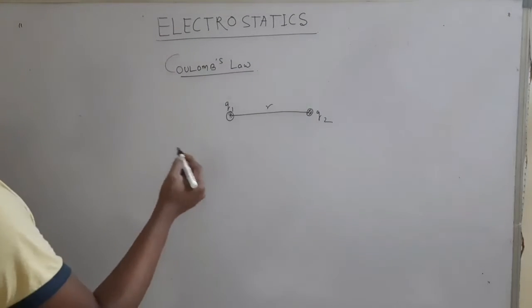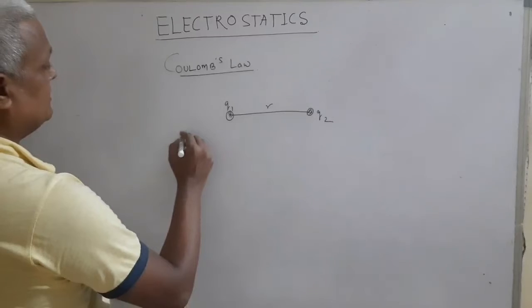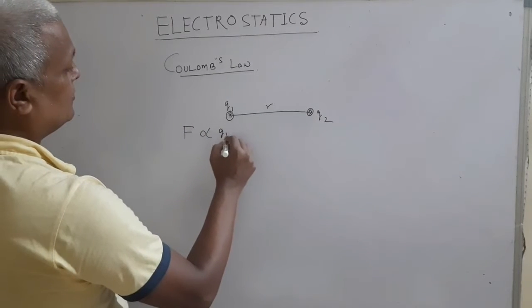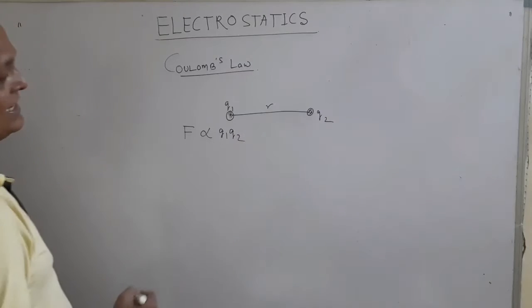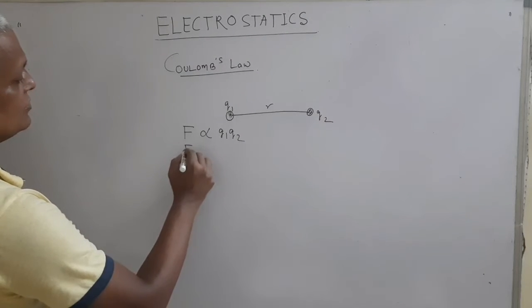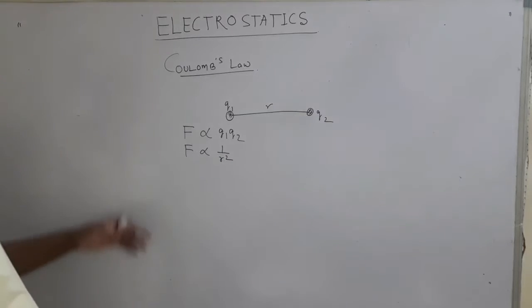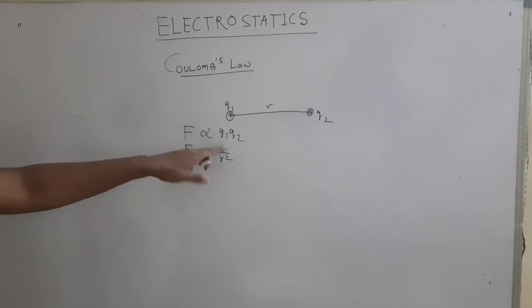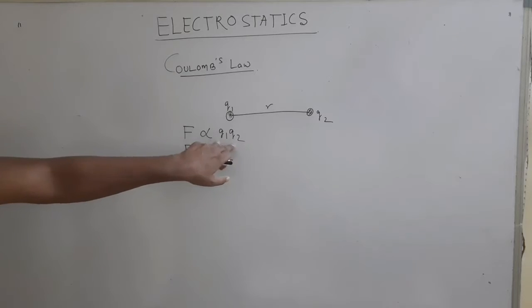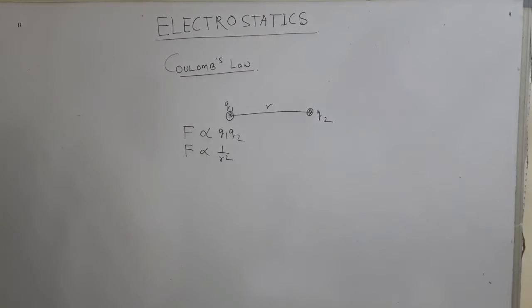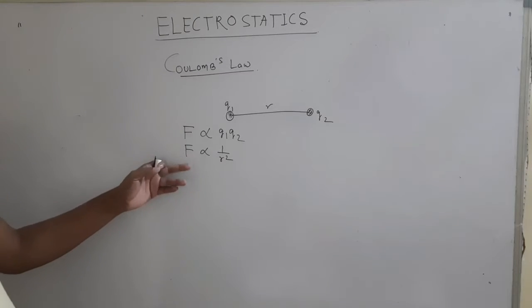Then Coulomb found that there is a force acting between them, and that force is directly proportional to the product of the charges and inversely proportional to the square of the distance between them. So the greater the charge, the stronger the force, and when the charges are very close to one another, the force is also stronger.